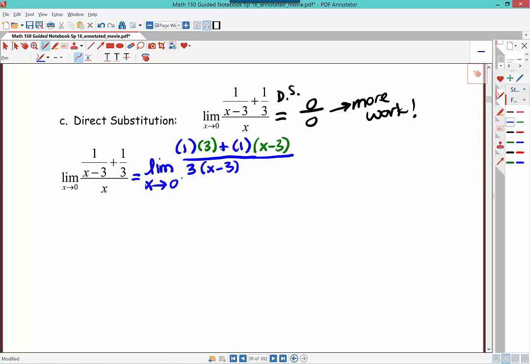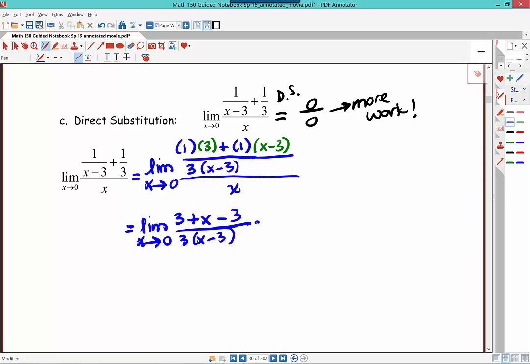All right. And then this is over x. So this in turn will be the limit as x approaches 0 of 3 plus x minus 3 over 3 times x minus 3.